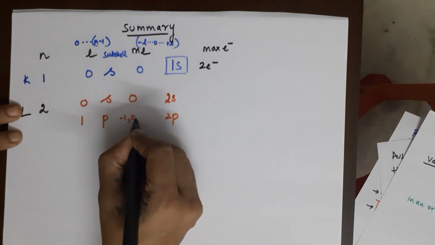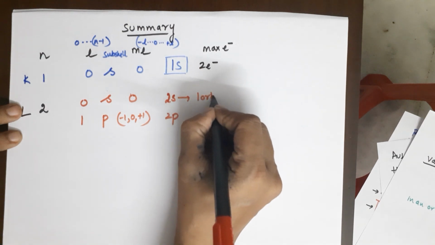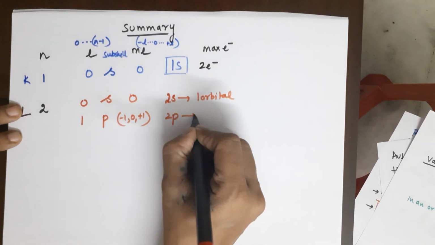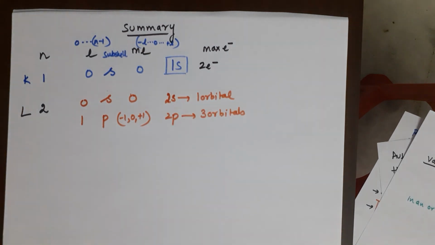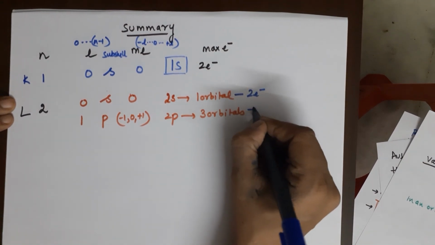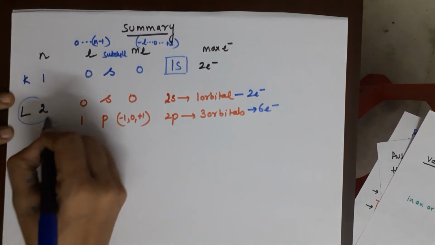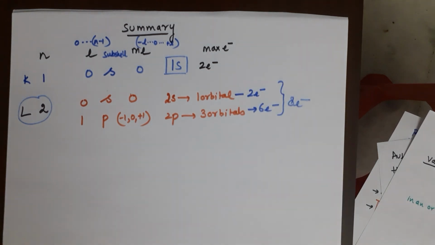Minus 1, 0 and plus 1. While in a p, you would always have 3 orbitals. If I ask you for the total number of electrons here, this would have 2 electrons, this would have 6 electrons. So in the second shell, you would have a total of 8 electrons. Is that clear?